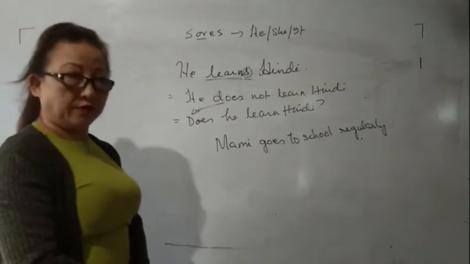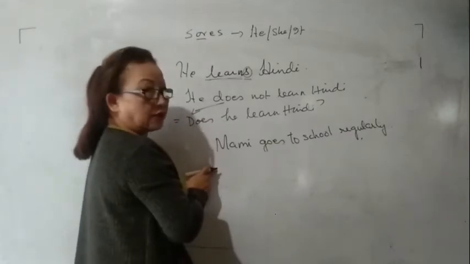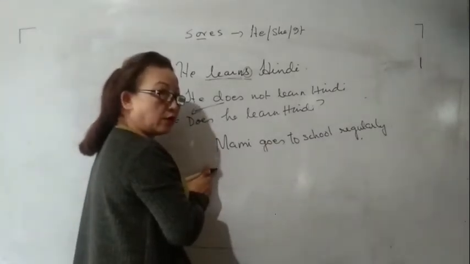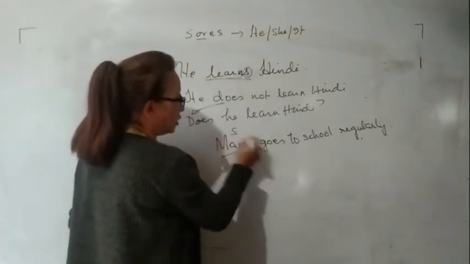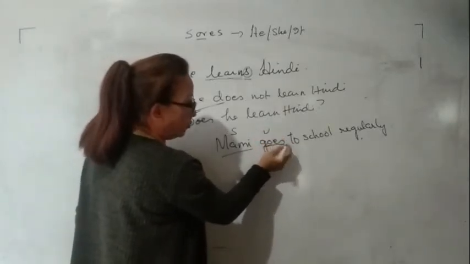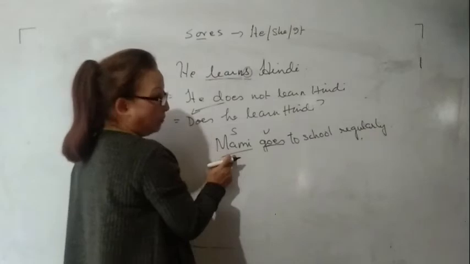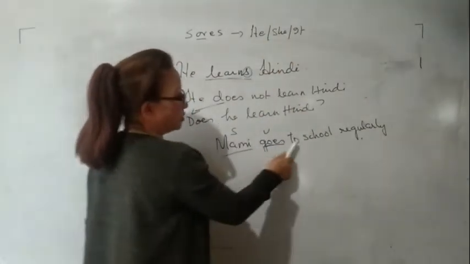This is present indefinite tense because we have a sentence which tells us that the action is being performed regularly, till today. So mommy is the subject, goes is the verb. Go is the verb with es because the subject is now third person singular, she.